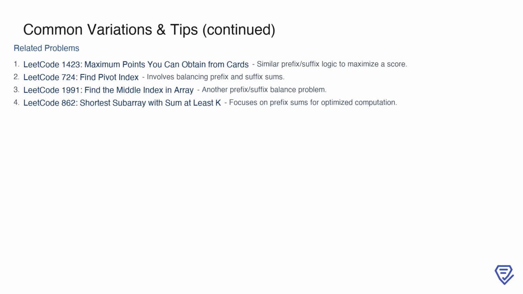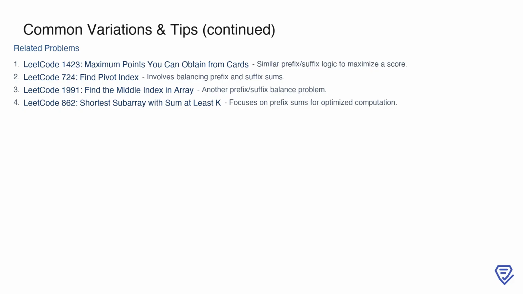This problem shares concepts with several related problems that are worth exploring. For instance, LeetCode 1423, Maximum Points You Can Obtain from Cards, involves a similar prefix and suffix logic to maximize a score. LeetCode 724, Find Pivot Index, requires balancing prefix and suffix sums, making it another great example to study.